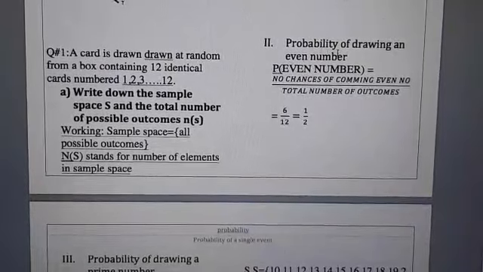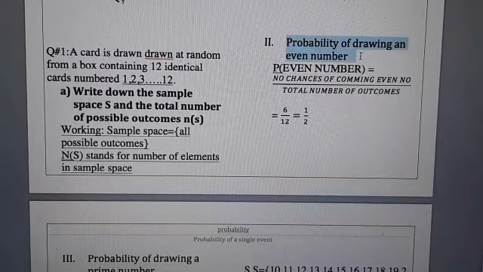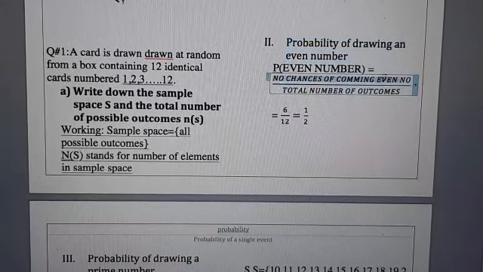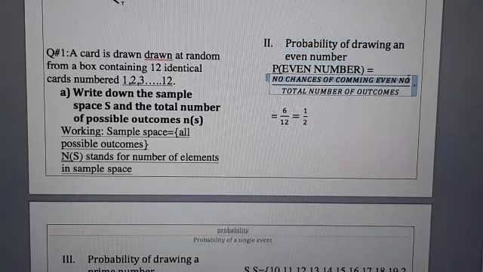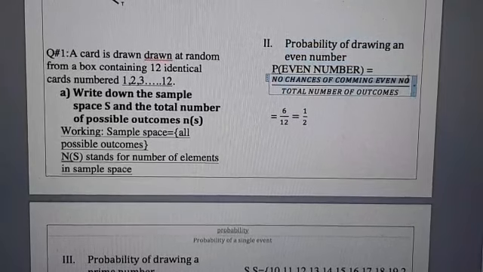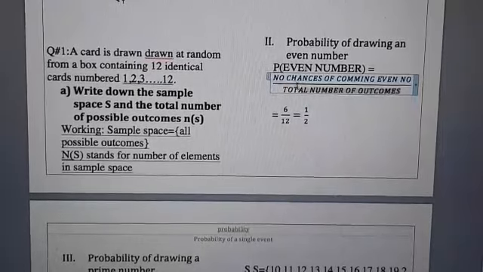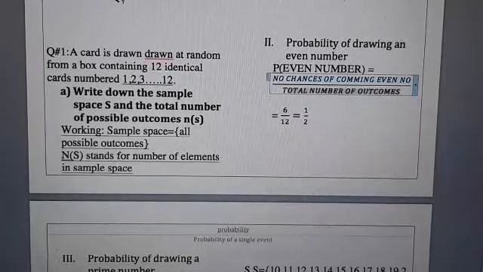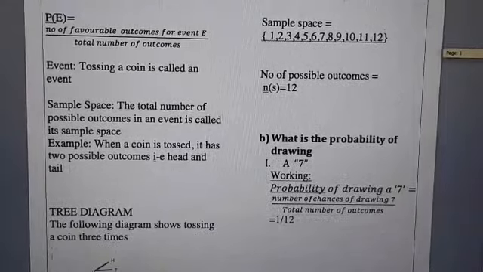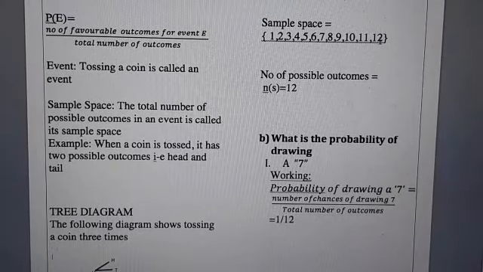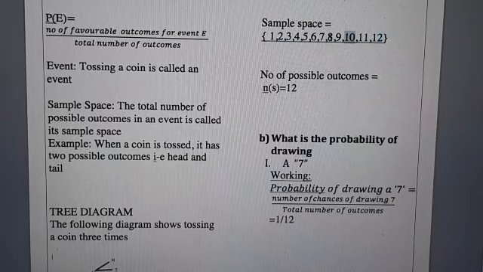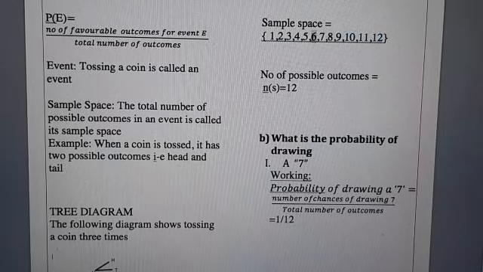Now if they ask to find the probability of drawing an even number, then you have to see how many chances there are that an even number will come, that is the favorable outcome, divided by the total number of outcomes. Go to the sample space and look for even numbers, which are our favorable outcomes. 12 is an even number, 10, then we have 8, then 6, 4 and 2.